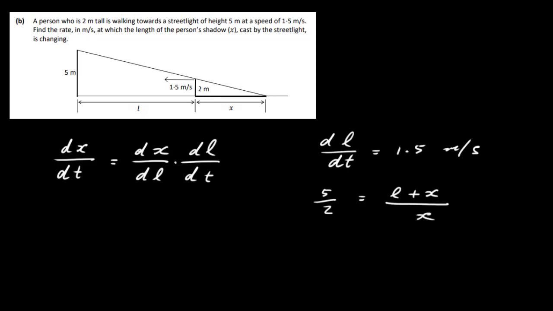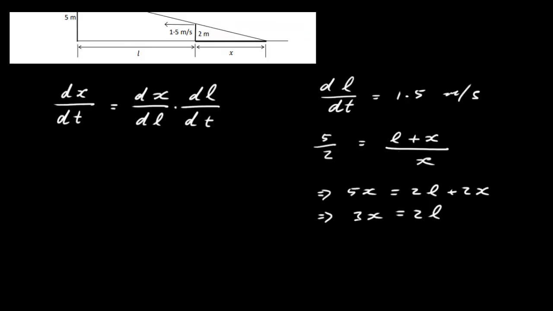So now we have an equation with just x and L in it, and we can get x on its own. The first thing I'm going to do is cross multiply. So I end up with 5x equals 2L plus 2x. Let's bring the x's over to one side. That gives us 3x equals 2L. And finally, x is equal to 2 over 3 L.